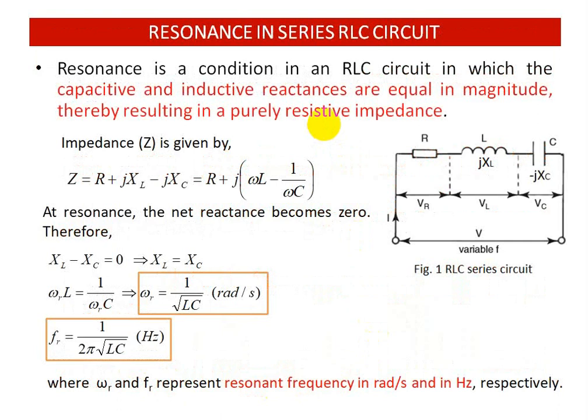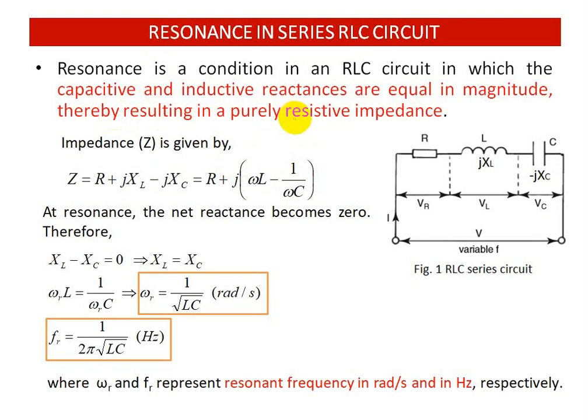Resonance in series RLC circuit. Resonance is a condition in a circuit in which capacitive and inductive reactances are equal in magnitude and thereby result in a pure resistive impedance.